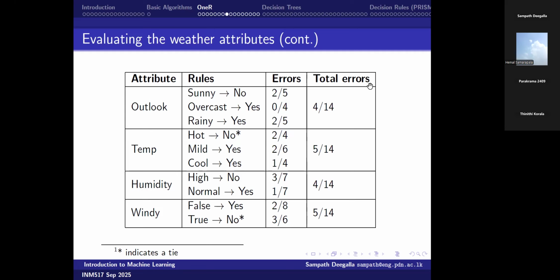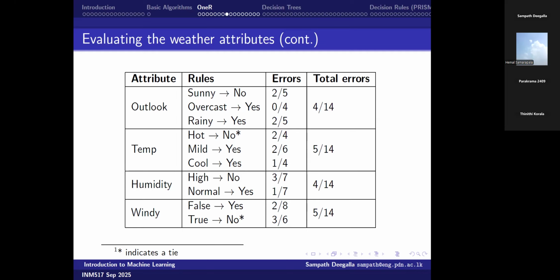With the weather data set, the sample toy problem, when we go through each and every attribute, creating rules based on comparing their frequent classes, creating a rule for each different attribute value, we can calculate individual errors and the total errors. The final outcome is actually very simple.